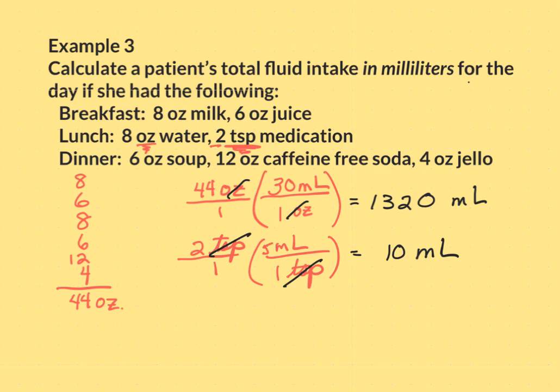Now, all of that liquid was converted from ounces to milliliters. We did the last bit of it from teaspoons to milliliters. So now we can add these two. And there's our answer. This patient had 1,330 milliliters of fluid today.